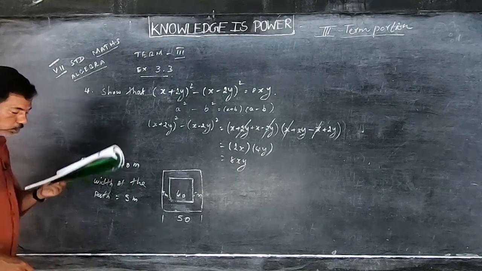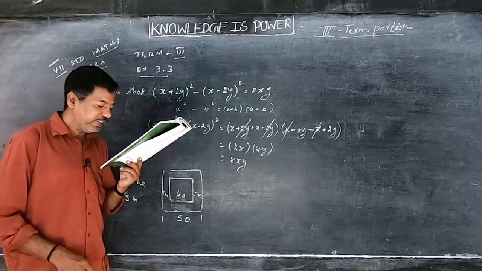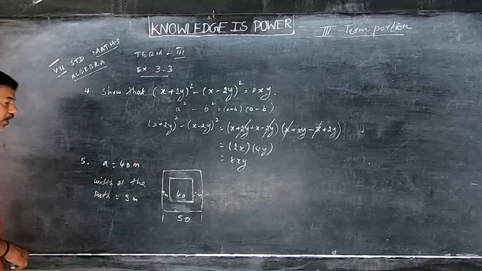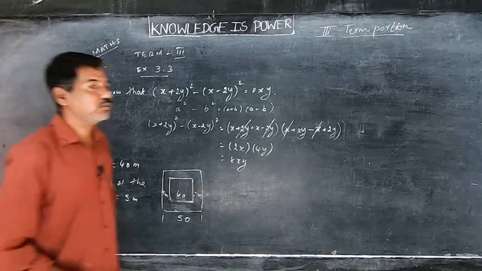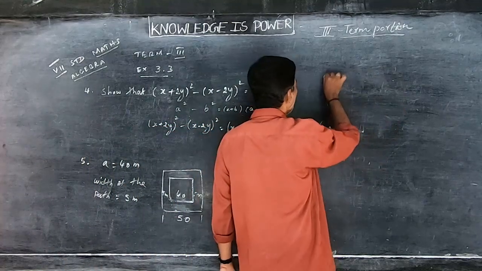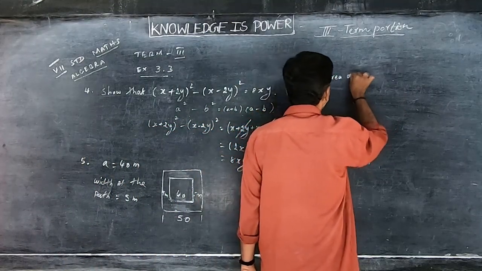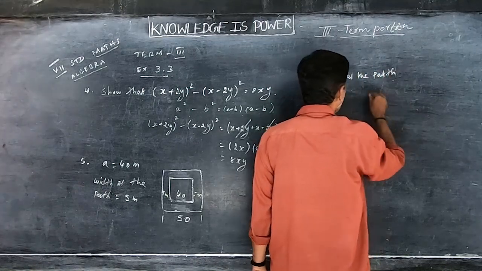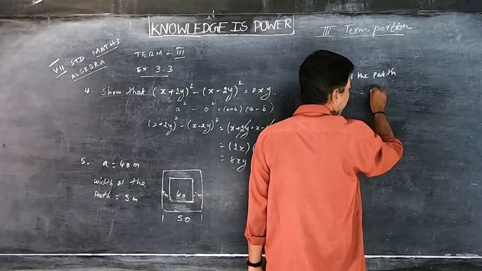Okay, and what does the question ask us to find? Find the total area of the path. So you have to find out the area of the path. Area of the path equals what?